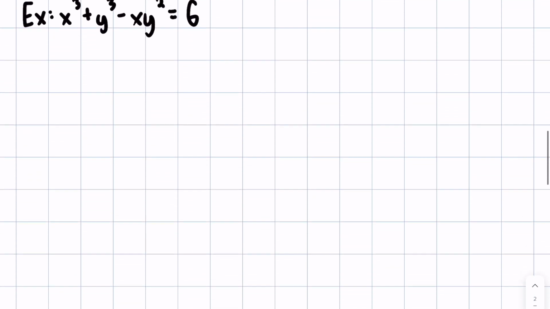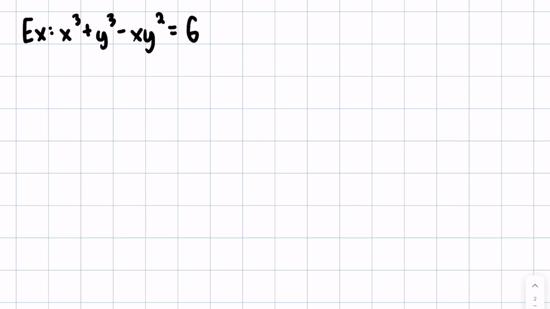Okay, I'm going to do another slightly more complicated example so that we can really make sure that we've sort of hammered this in. So again, my first step is going to be differentiating both sides with respect to x.